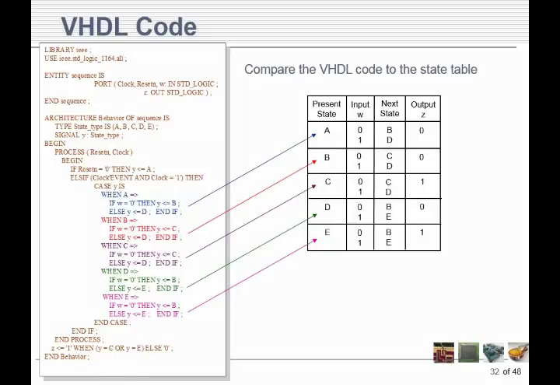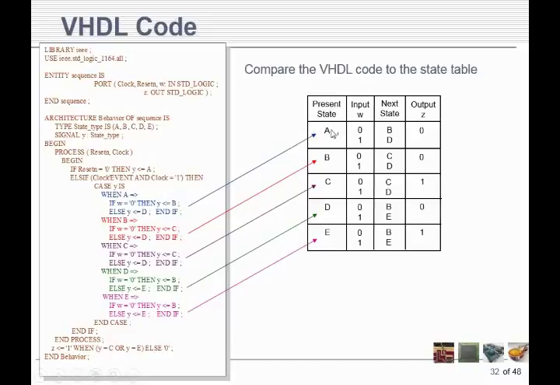You guys have used rising edge and falling edge? Okay, you could use that in here too. All right, so if it's not reset, then we're going to check the clock. For the case of this signal, which is a state type, if it's state A, we're going to check to see if W is a 0, and then if it is, we're going to go to B. Well, that's right what we have here.